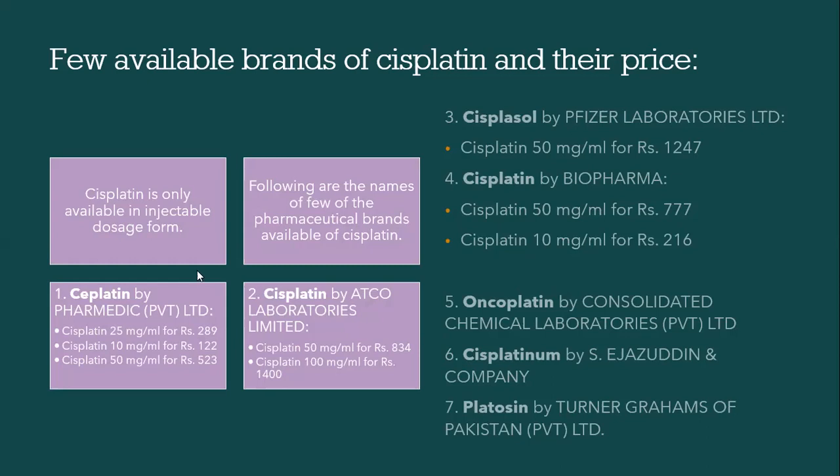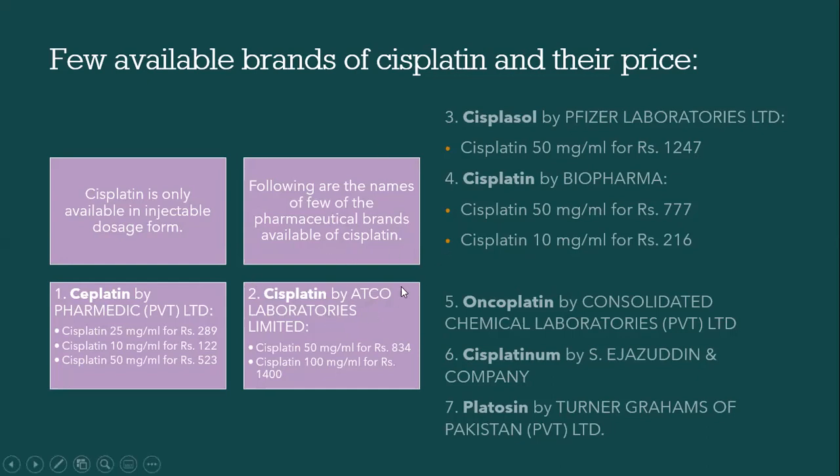For example, here Cisplatin. It is made by Pharmadic Private Limited in 3 different concentrations, which include 10, 25, and 50 milligrams per ml. And they have different price range, ranging from 120 rupees to 523 rupees.